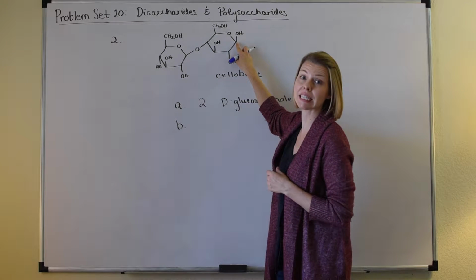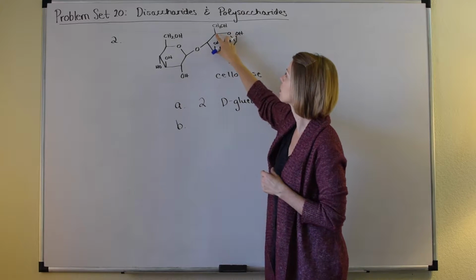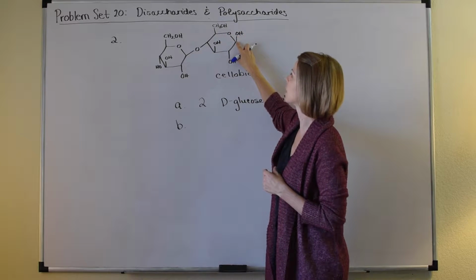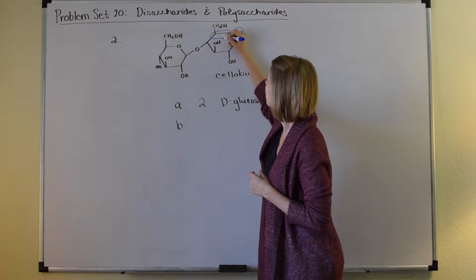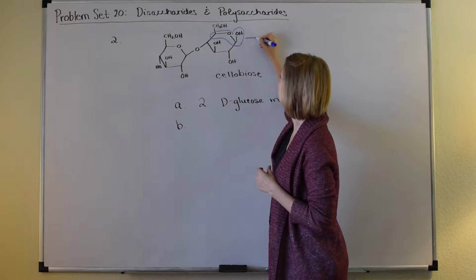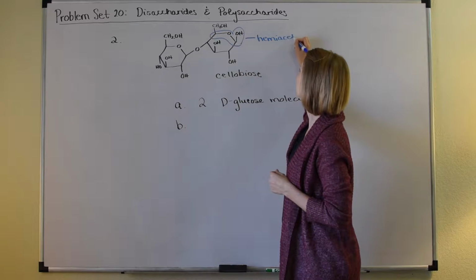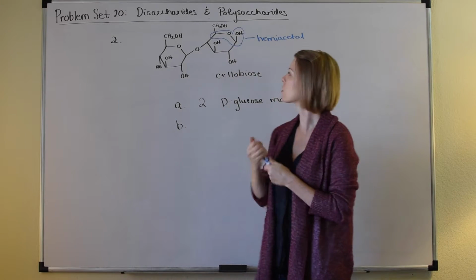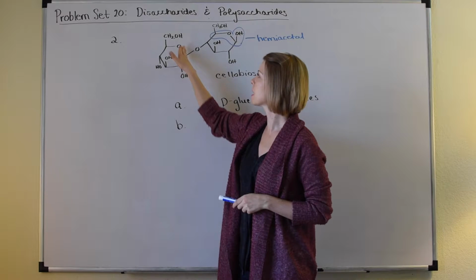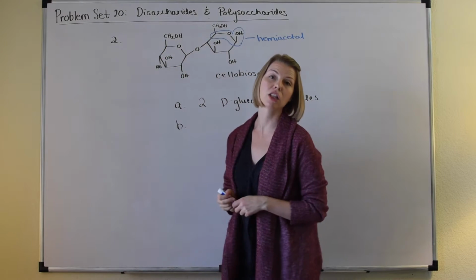Remember that a hemiacetal is connected to both an OR and an OH. So we have a hemiacetal here. Now notice over here that the hemiacetal reacted to form the acetal linkage.